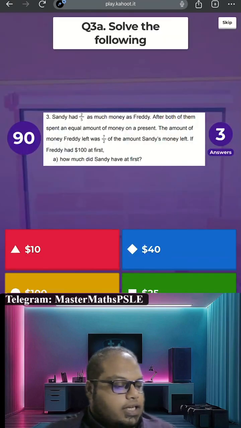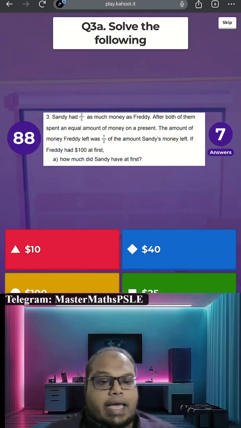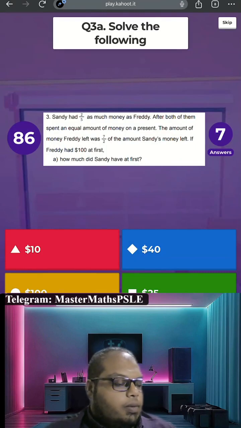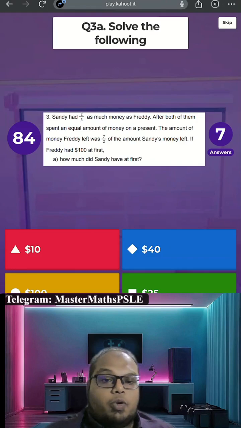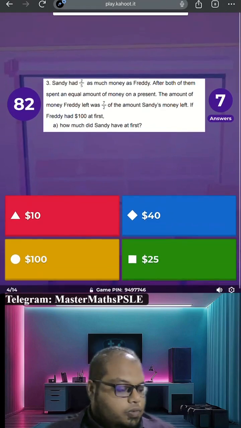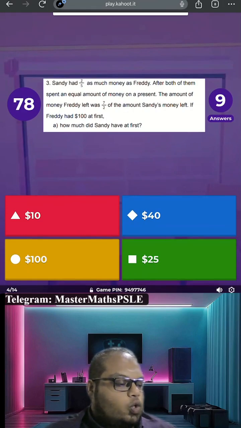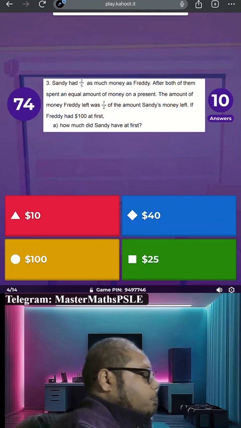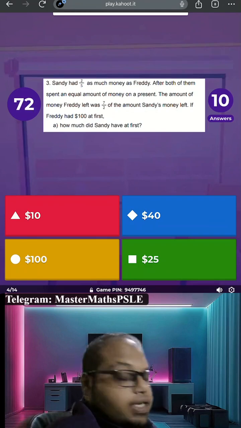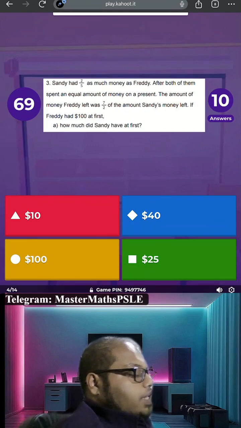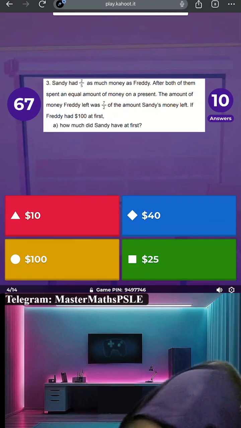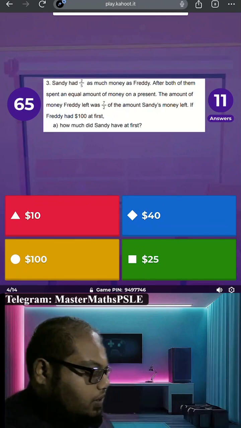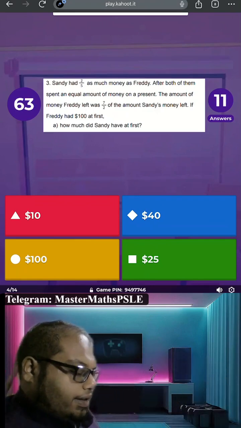Okay, next question is a part A and a part B. So take note, probably the answer for part A may help you later for part B also. So here Sandy had 2/5 as much money as Freddy. After both of them spent an equal amount of money on a present, the amount of money Freddy had left was 7/2 of the amount Sandy had left.